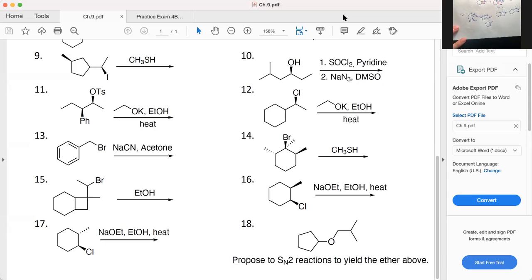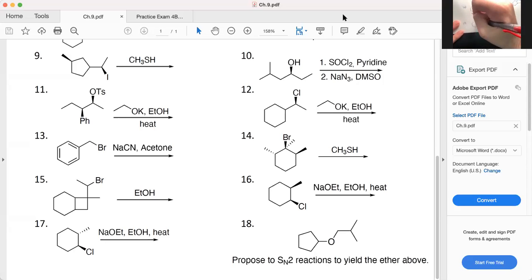All right, we have 2 more left. So then 17, we have what looks like a similar structure, a different stereoisomer, and same conditions. So I'm just going to say E2, and this is going to be Zaitsev, right? Zaitsev conditions. So that means that I want to remove a proton to give me the more substituted alkene.